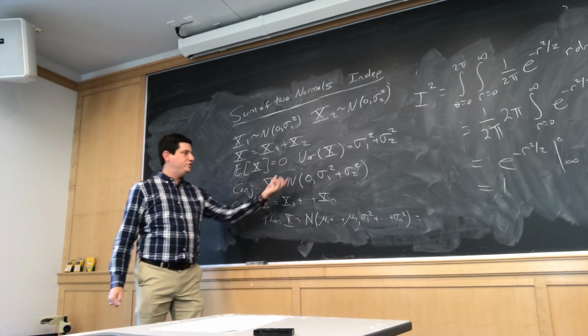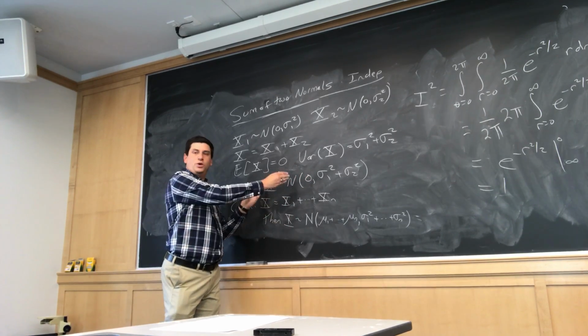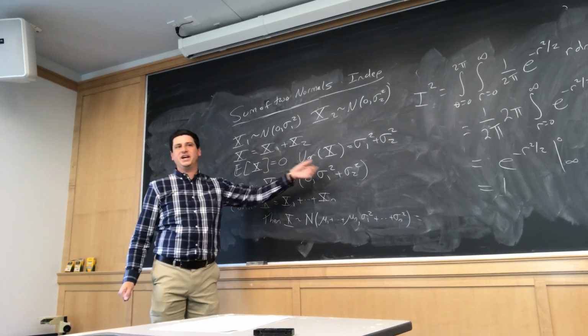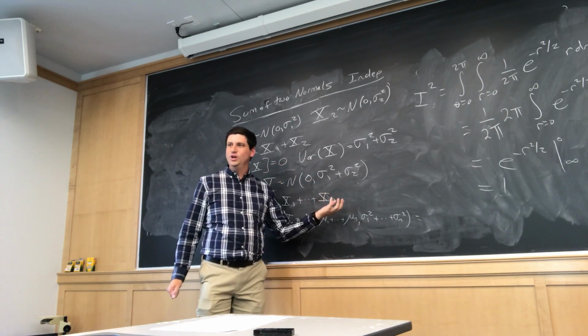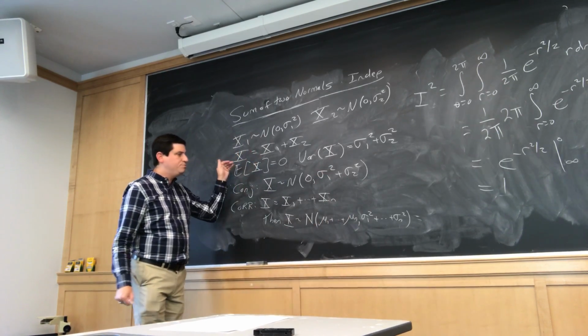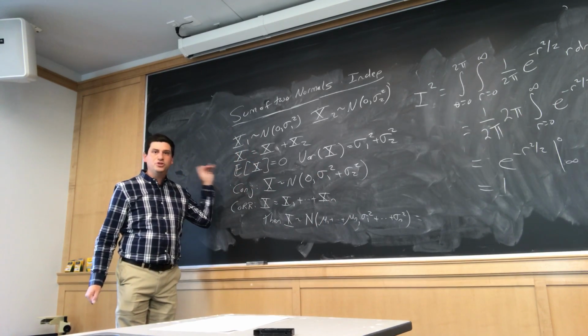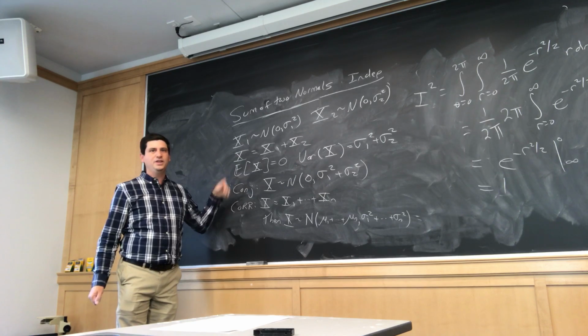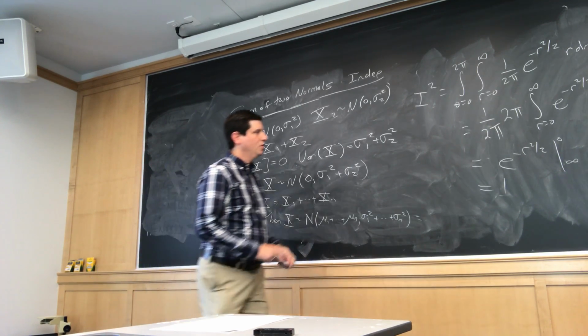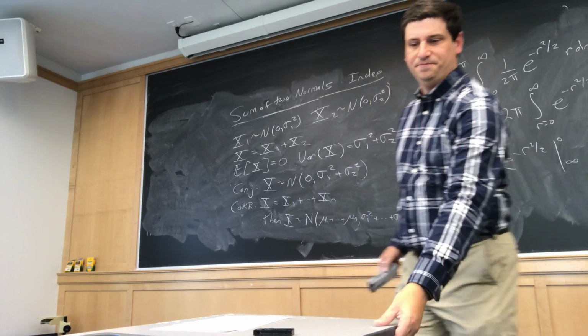If we know that the sum of two normals is normal, just add x1 and x2, that's a new normal with variance sigma 1 squared plus sigma 2 squared. Then add x3, and that'll be another normal with variance sigma 1 squared plus sigma 2 squared plus sigma 3 squared. So as long as we can prove the case of the sum of two normals being normal, then we have everything. So we just have to do that one case.